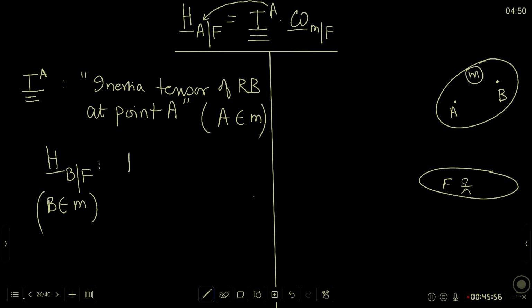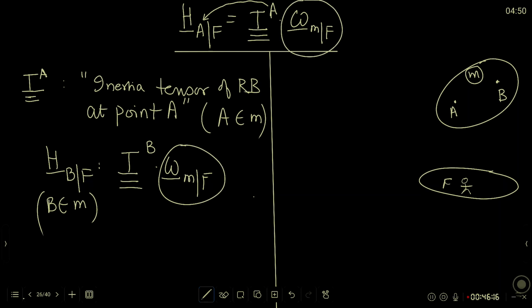Now in this splitting, omega MF is the same as before. Same angular velocity. After all, every rigid body has a unique angular velocity. That is not going to change whether I try to find angular momentum about A or about B. Why would the angular velocity change? It doesn't change.